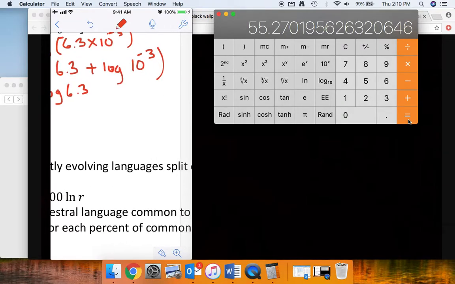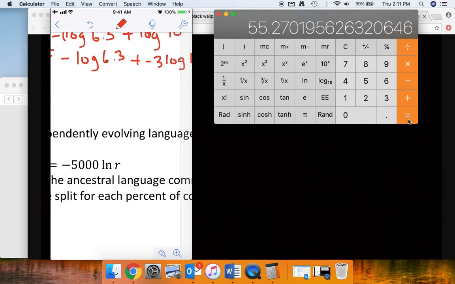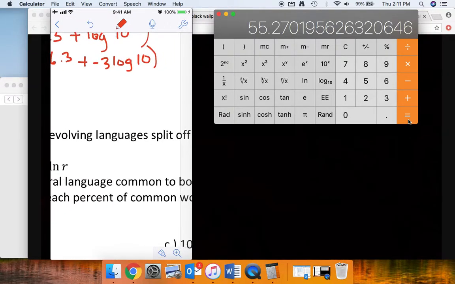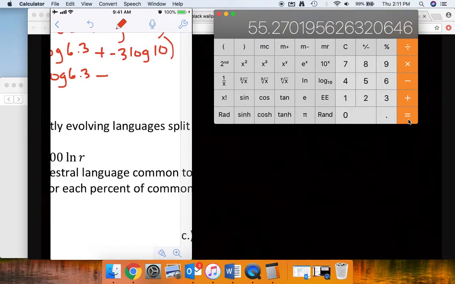Distribute that minus, and that minus, and we'll just keep it: negative 3 log 10. That power comes down. Distribute that minus, we get negative log 6.3 minus 3 log 10.